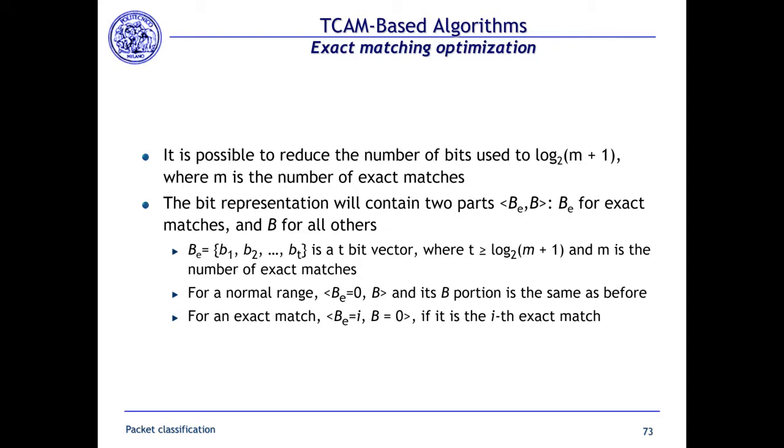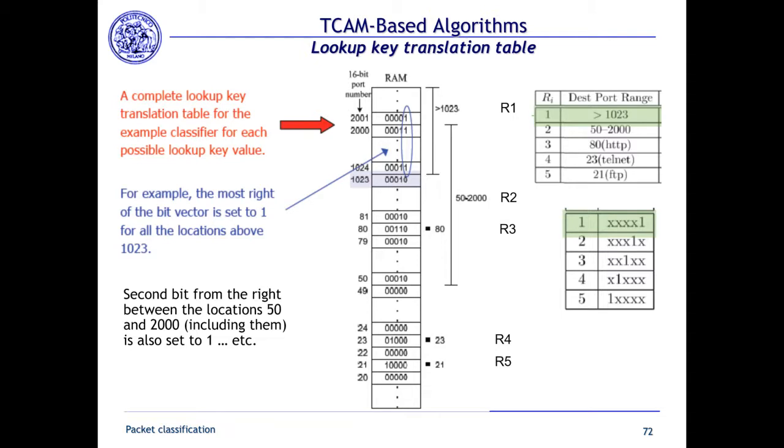We can make another enhancement if we want, that is even more performing, and this enhancement is possible each time we have non-overlapping ranges. In the example that we have seen, this is overlapping with this, so you cannot adopt this technique. 80 is also overlapping with this, but equal to 80, equal to 23, and equal to 21 are non-overlapping. They are mutually exclusive.